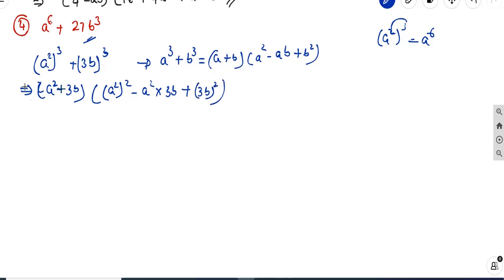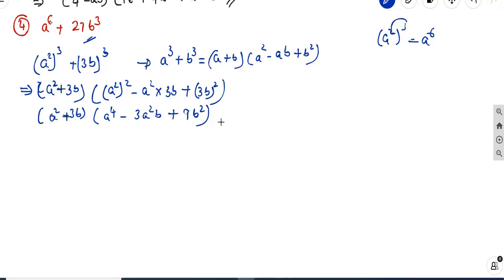Close the bracket. So this becomes a square plus 3b, open the bracket, a to the power of 4 minus 3 a square b, I have multiplied, plus 9b square. This is the solution for problem number 4.